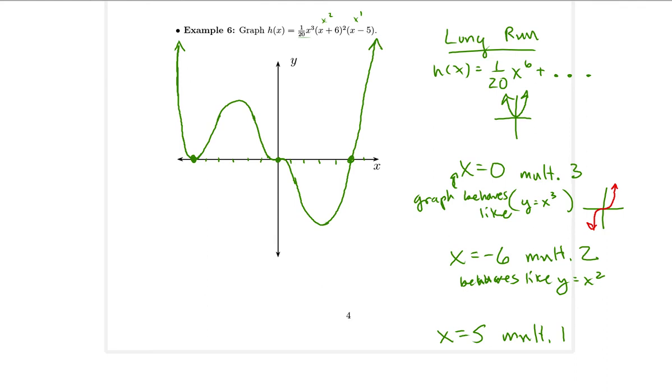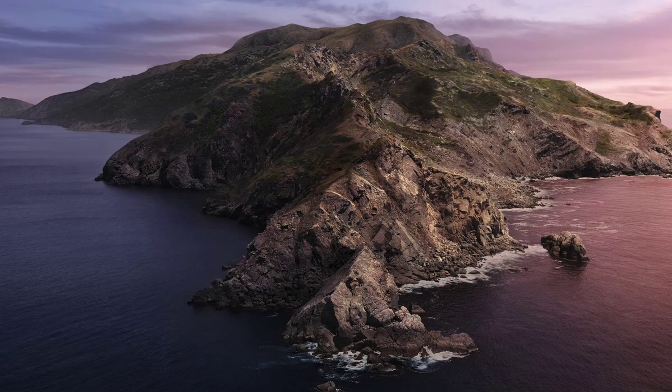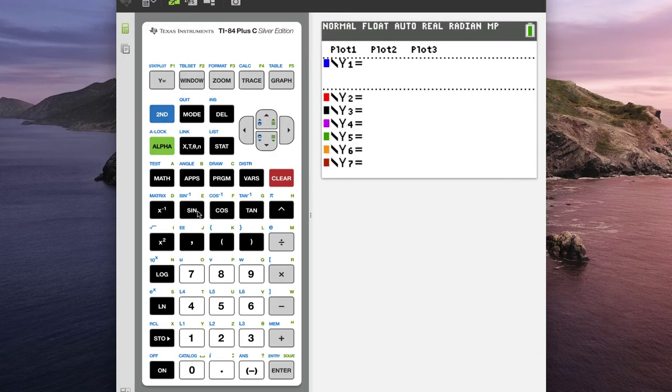All right, now, while you need to be able to do this completely manually, as I'm doing it, there's nothing wrong with checking your work. I think, especially because this is kind of new to us, we definitely should do that. So let's just punch it in our calculator and see if what our calculator is showing us is the same thing that we got. So 1/20 x cubed, and then we have x plus 6.